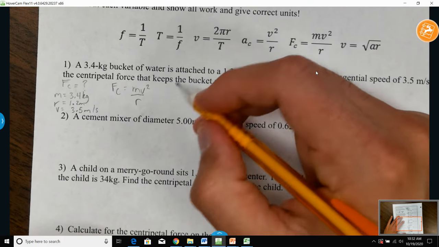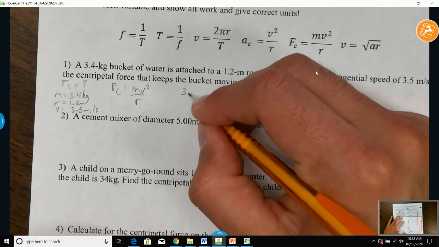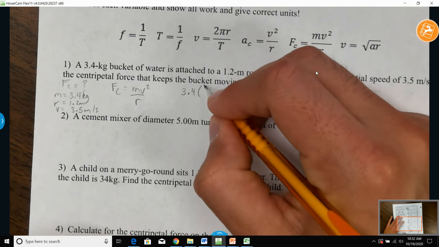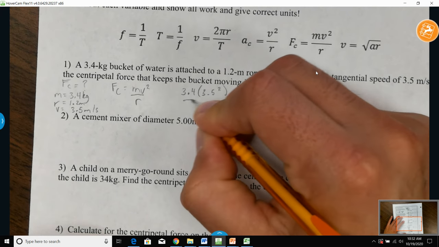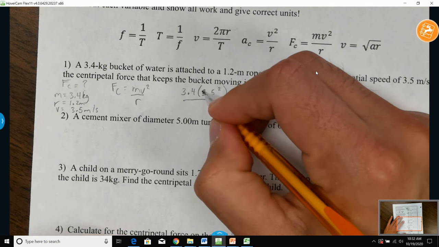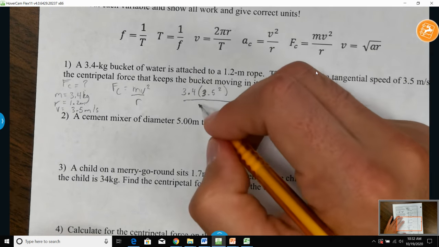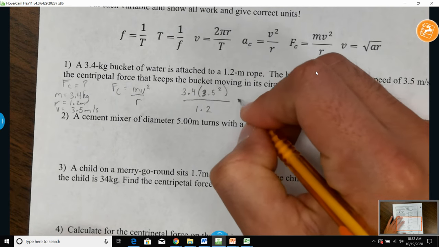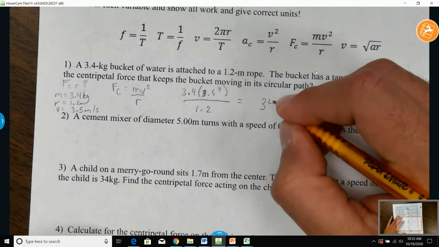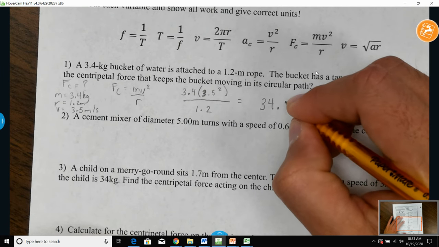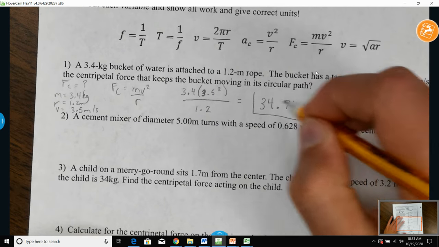So plugging them into the correct spots in the equation, mass was 3.4. You're squaring the velocity only, so 3.5 squared over the radius of 1.2. If you round to 2 decimals, you should come out right around 34.71 newtons.